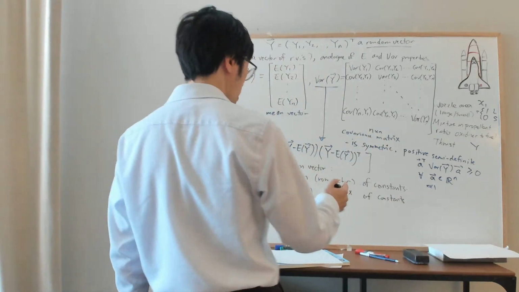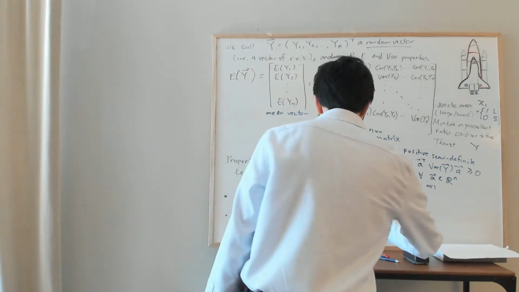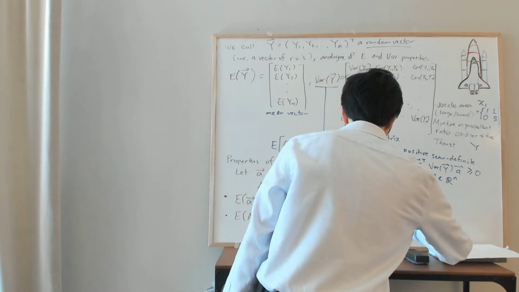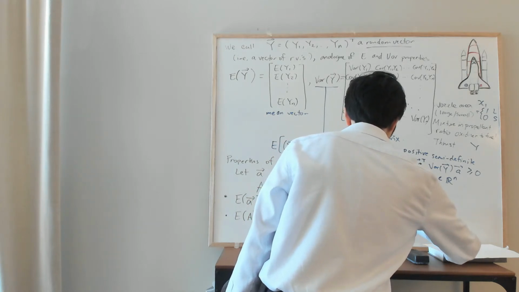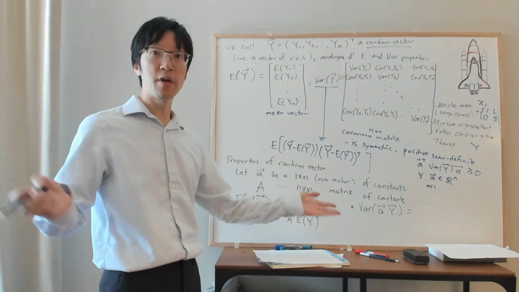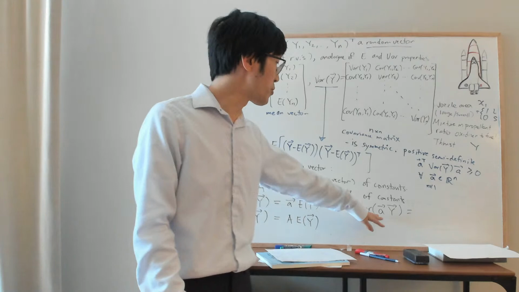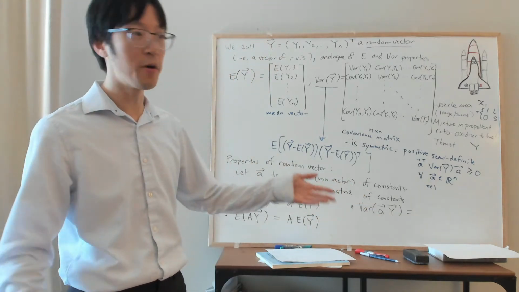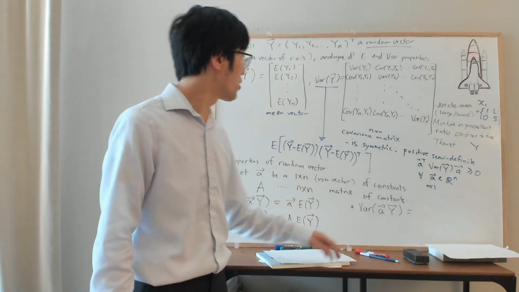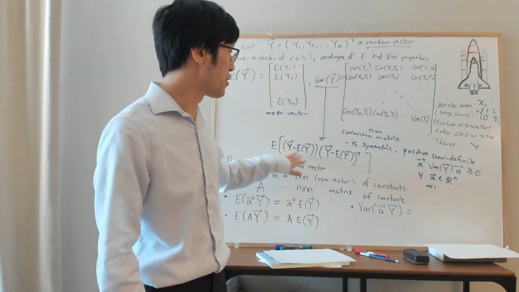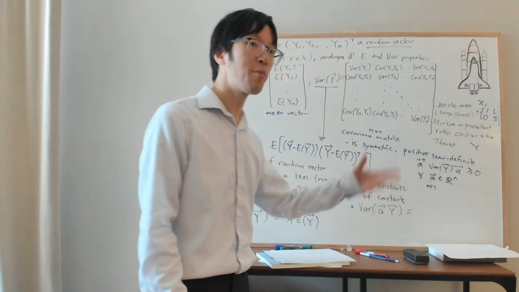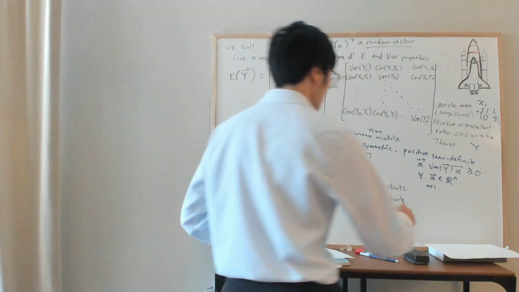We have corresponding properties for variance. So we have the variance of the vector A times the random vector Y. In the scalar case, remember that the constant would come outside and we would square it. Here it looks similar, except the covariance matrix is sandwiched in the middle, with A and A transpose.